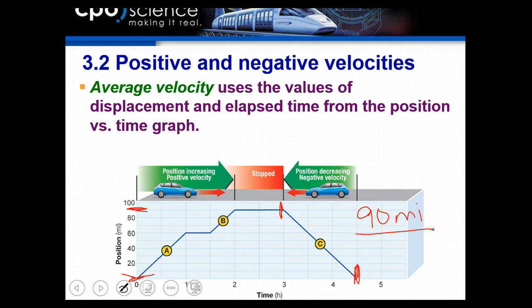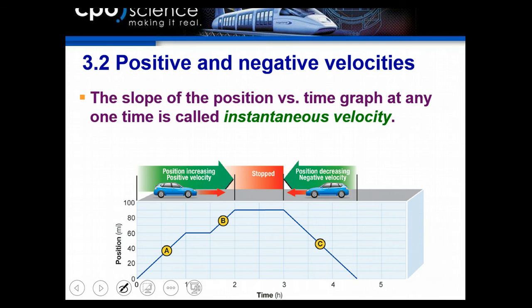And the time it took, so from 3 to 4.5, so that would be 1.5, right? So if we divide that on our calculator, that would be 60 miles per hour. Okay. Okay, so now we want to talk about the slope of a position versus time graph at any one time, and that's going to be called the instantaneous velocity.